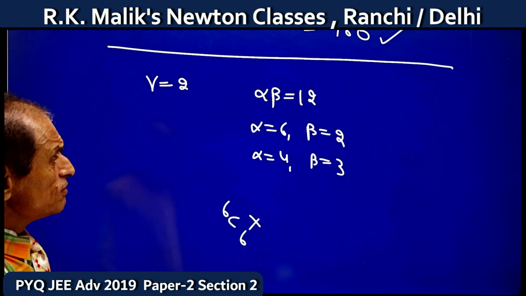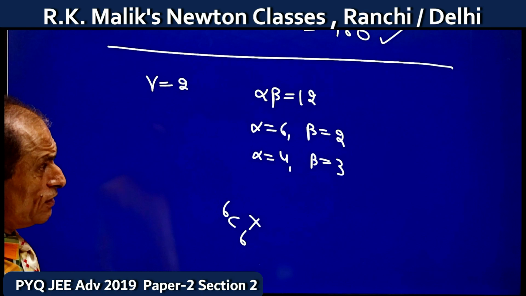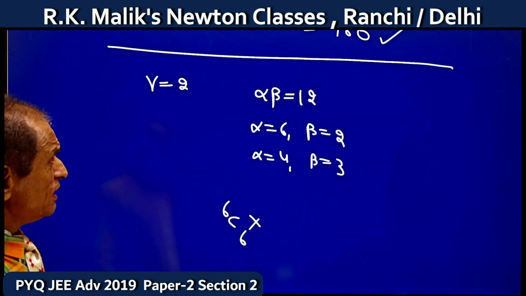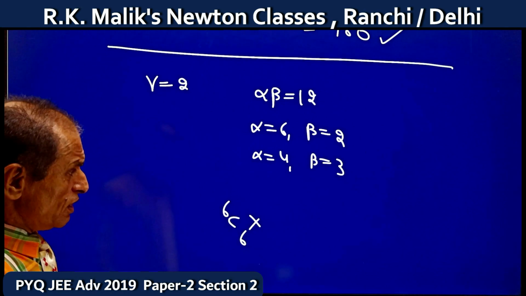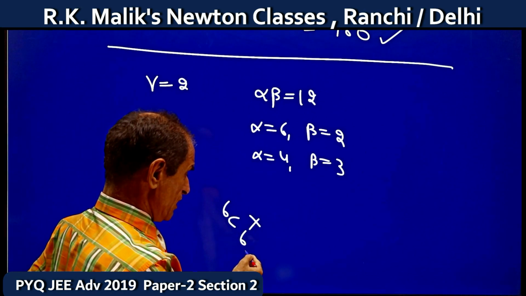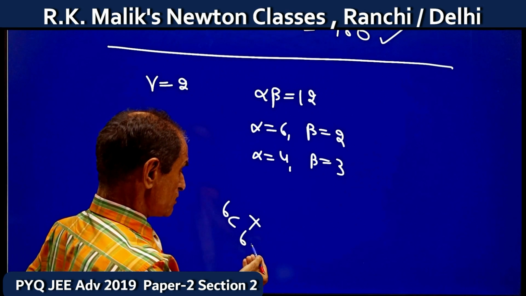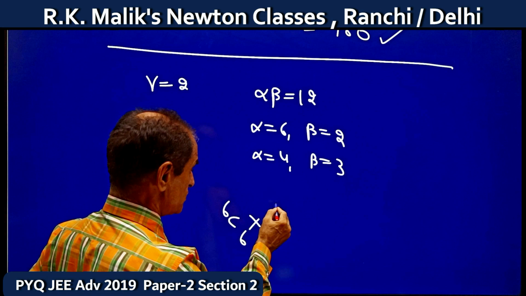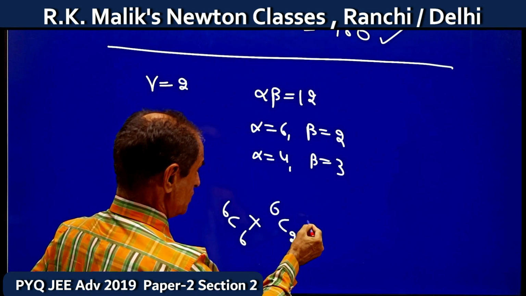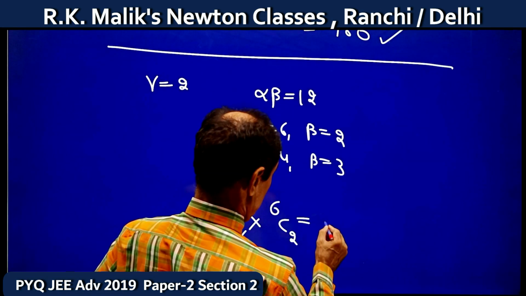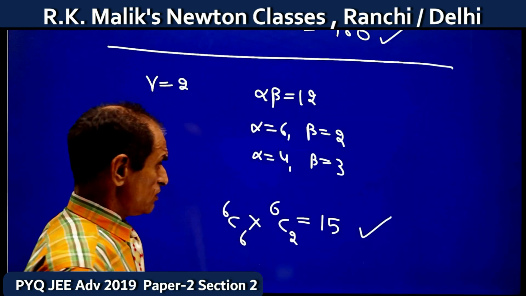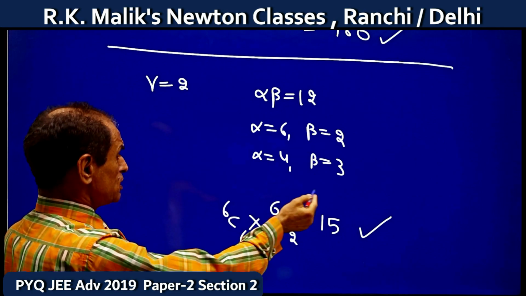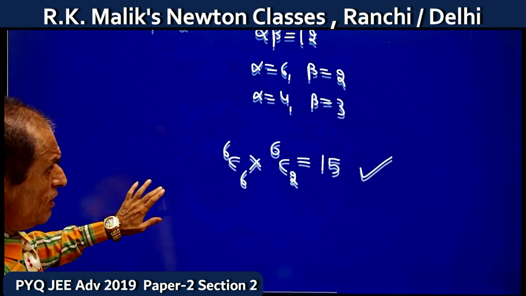Because I want the set B to contain 2 elements and both must already be in A, because gamma is 2, and there are 6 elements in A, for making the set B, I will choose any 2 elements from these 6 elements, that is 6C2. That is, the answer is 15. And now for gamma equal to 2, this was also possible.